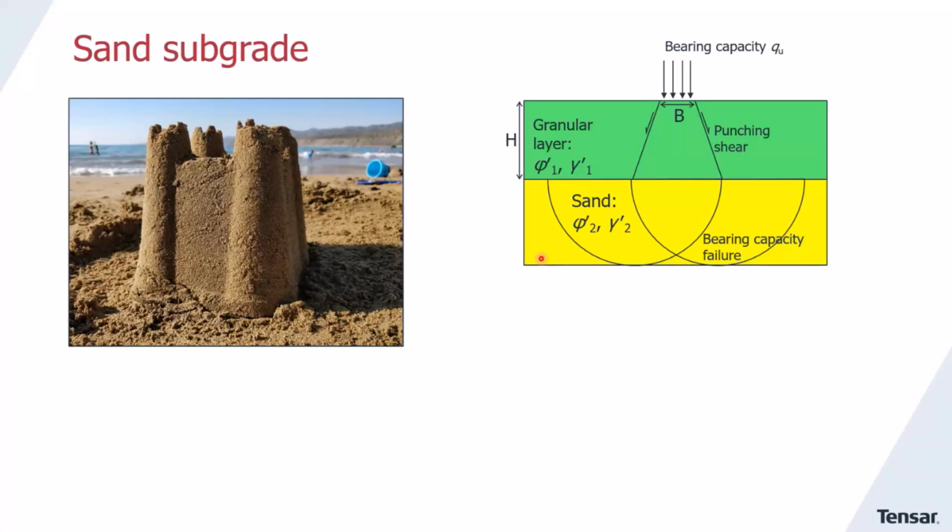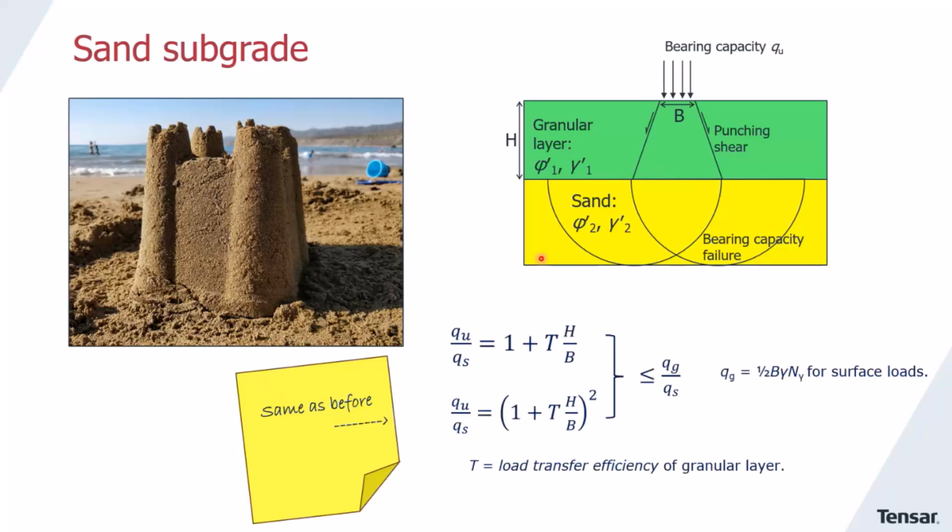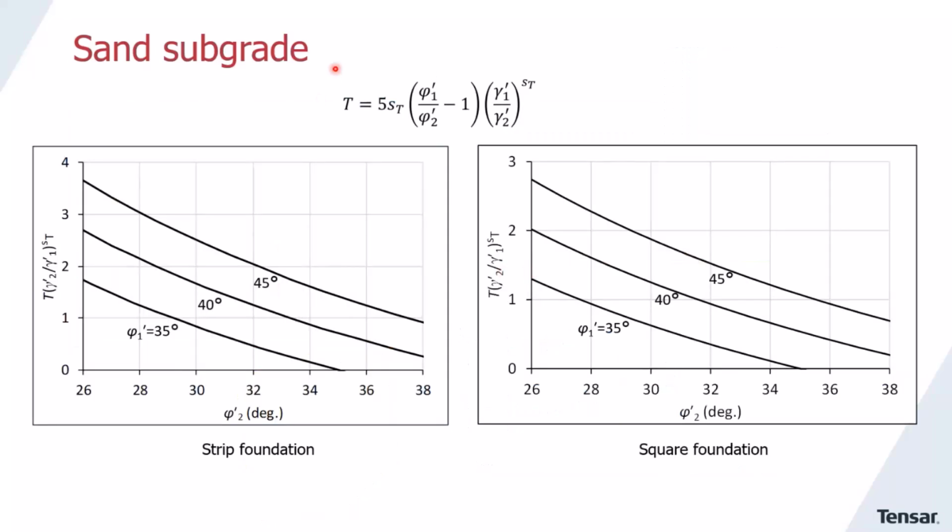So up till now, you have seen the example for subsoil that is undrained, but the same methodology applies for a drained subsoil, where we can apply the same approach. The only difference is that instead of having an undrained shear strength, we now have a friction angle and a weight, and the formula for the transfer efficiency, or the t-value, looks slightly different, because the relationships are different and the bearing capacity formula is different.